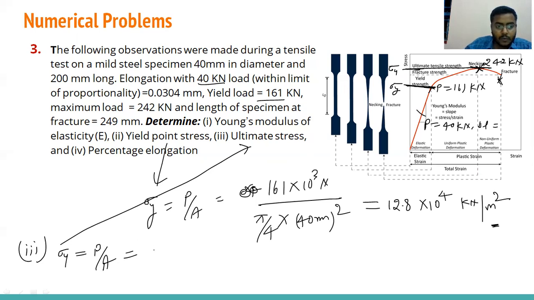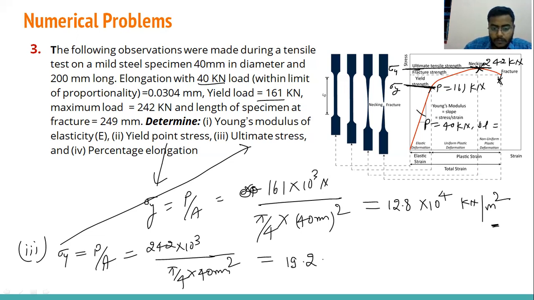Load is given, that is 242 kilonewton divided by area, that is pi by 4 into 40 mm square. You will get this value, 19.2 into 10 to the power 4 kilonewton per meter square.